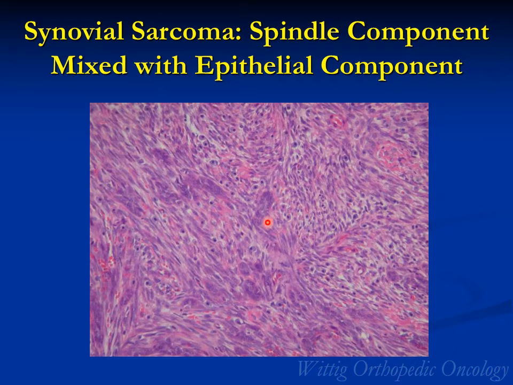And then over here you see the epithelial components where these epithelial-like cells are arranged in nests or in tubular structures reminiscent of glands or glandular type structures. Okay, so very important. This is a classical biphasic variety. Again, we'll stain positive for vimentin and positive for cytokeratin.